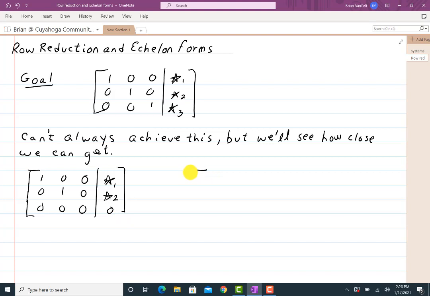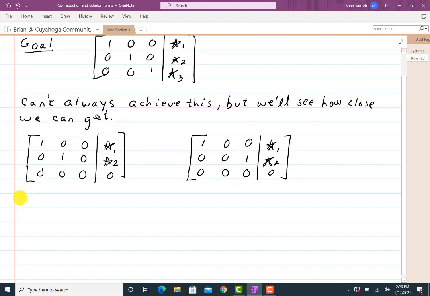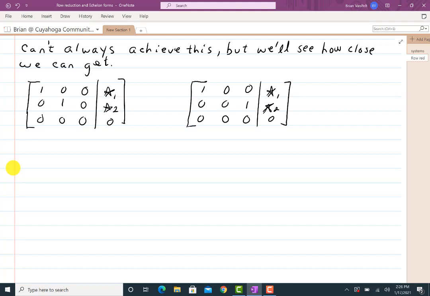Maybe we'll see something like this. And in a situation like that, we would know x and z, but y, of course, we wouldn't know. In this particular case, y would be possibly anything.